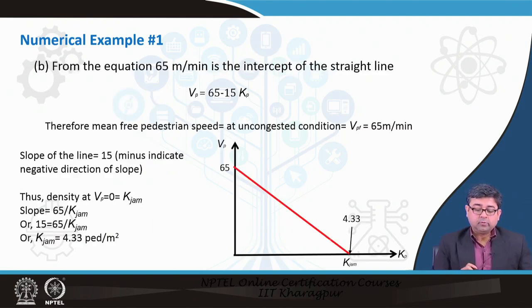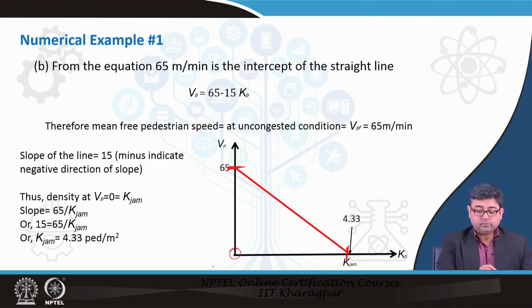Now, how do you show it in a graphical manner? We know that it has an inverse relationship, but where does this cut the y axis and where does this cut the x axis? You have to know, correct? The point where the graph cuts the y axis is called the free flow speed. At free flow speed, the density is 0.